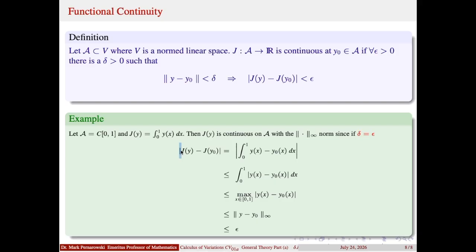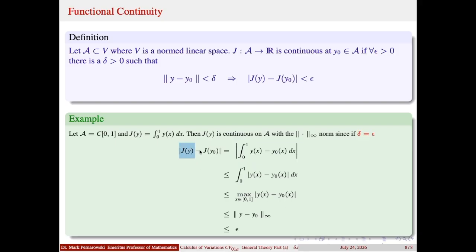I'm going to try to show that if I'm given an epsilon and I try to compute the blue thing in the definition up here, the goal is to show that it's less than epsilon if the norm is less than delta equal to epsilon. So let's see how that happens.